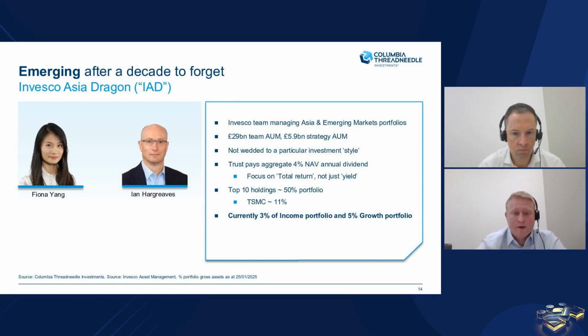But overall, we want to focus on total return. And the investment trust structure allows the managers to focus on total return. Another difference between other portfolios which they manage or which investors can access is that this is a concentrated portfolio. So the top 10 holdings are roughly 50% of the portfolio, nice and concentrated for us.